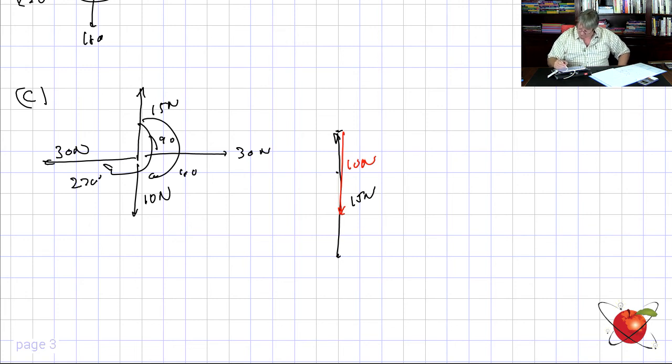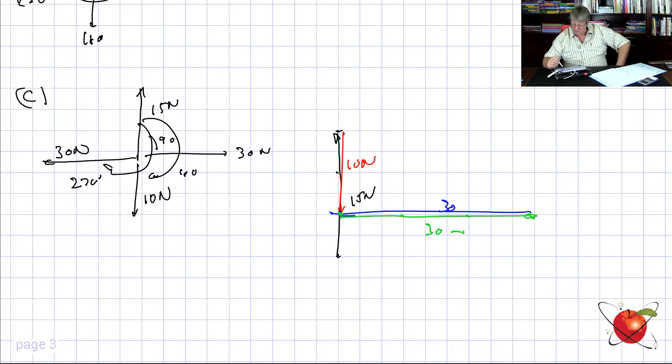Okay, that's going to be 30, right, over there. But hold on, 30 is going this way. So I must put my other 30 in. Oops, sorry. Let's just put it to blue. I must put my other 30 that way. Green was 30 that way, right? And so I end up there.